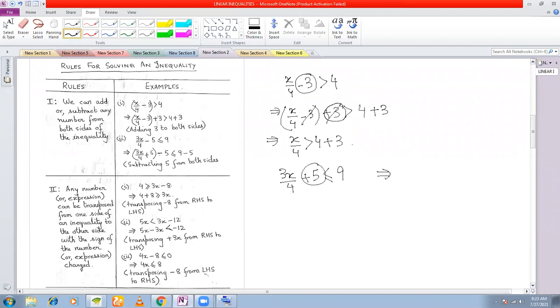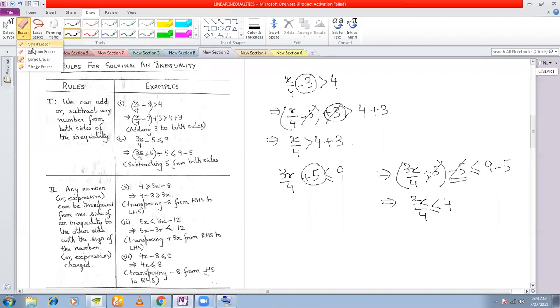Either I can transpose 5 to the other side, or I can subtract 5 from the left hand side, and since I subtract 5 from the left, I need to subtract 5 from the right side also. So +5 -5 cancels, and I get 3x by 4 is less than or equal to 9 minus 5, which is 4. This is the first rule.